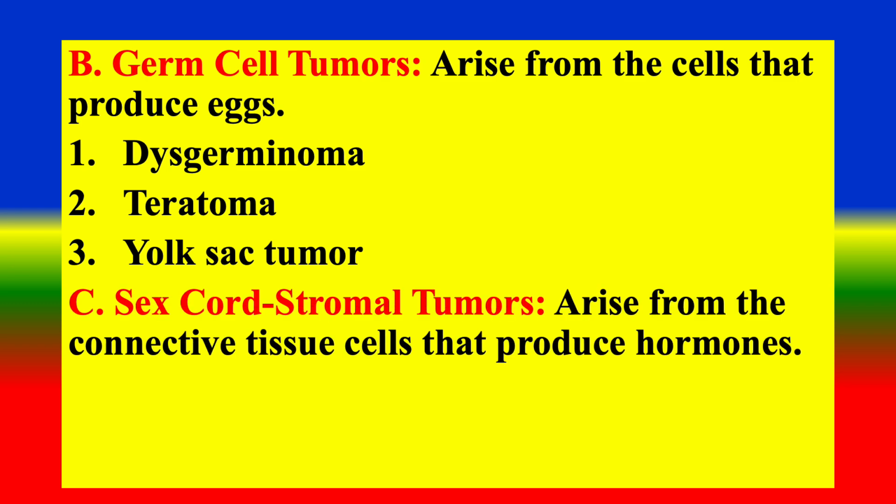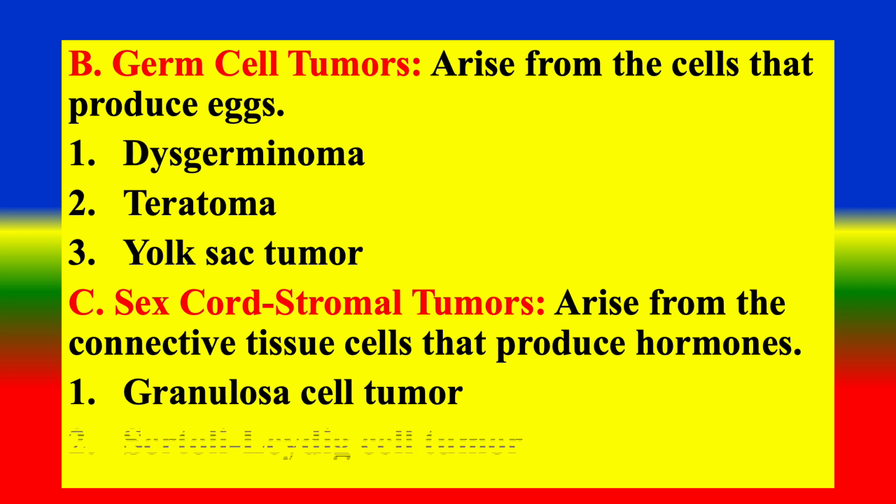C. Sex cord stromal tumors arise from the connective tissue cells that produce hormones. 1. Granulosa cell tumor. 2. Sertoli-Leydig cell tumor.